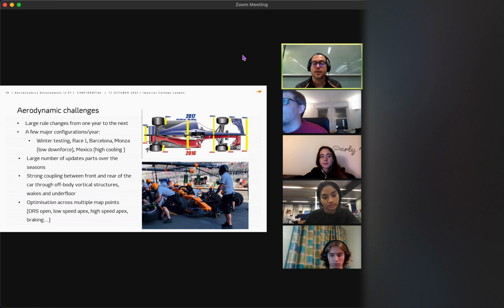And this highlights how difficult it is for an aerodynamic department to deliver constantly in the pursuit of a more efficient car. And as I mentioned before, the aerodynamics of the Formula One car are coupled. And this is a very unique quality about Formula One.